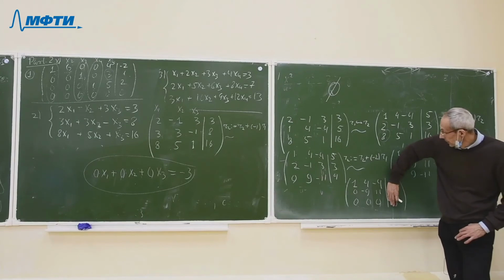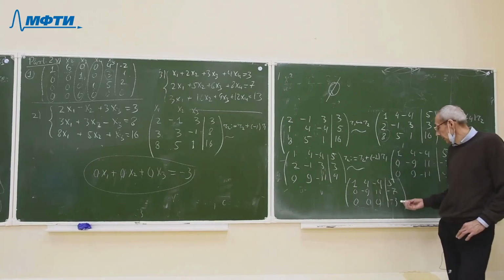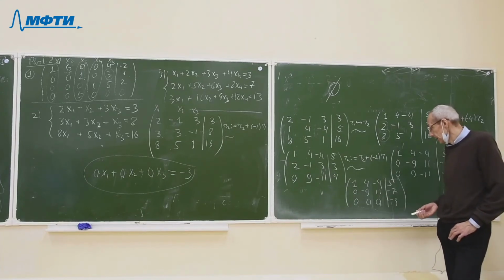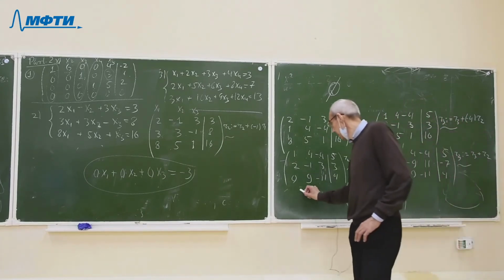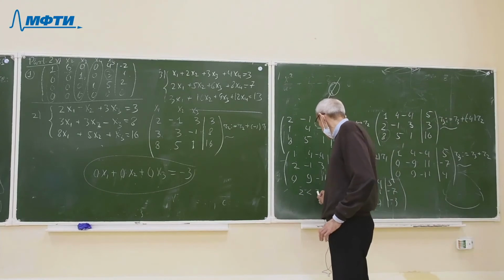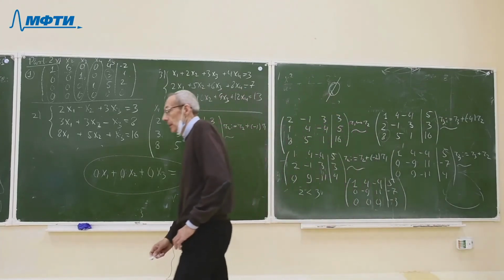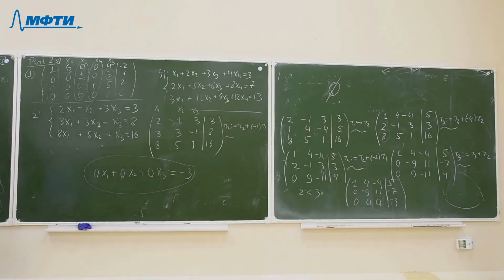In this case, in the matrix we have 2 non-zero rows, but in the augmented matrix we have 3 non-zero rows. 2 is less than 3. And this is the general condition.